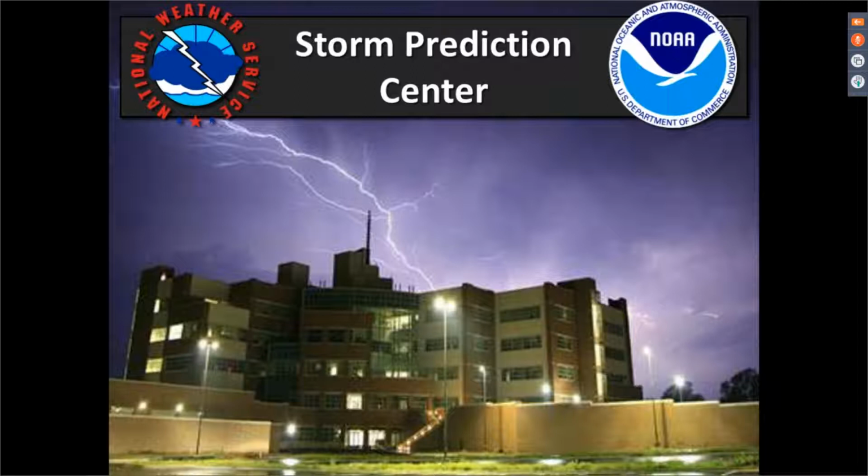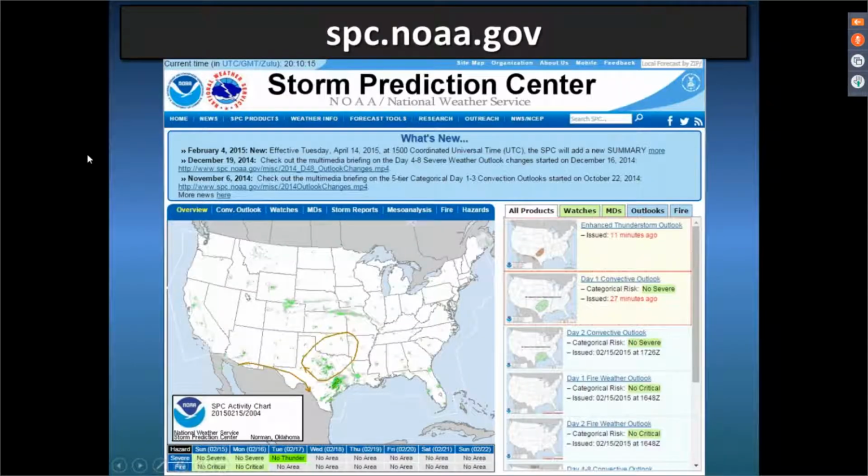That's because the tornado watches and severe thunderstorm watches typically are covering multiple states. So that's why they do that. And warnings typically just cover a few counties. So that's why we do that. They've got a lot of great things on their website, though.